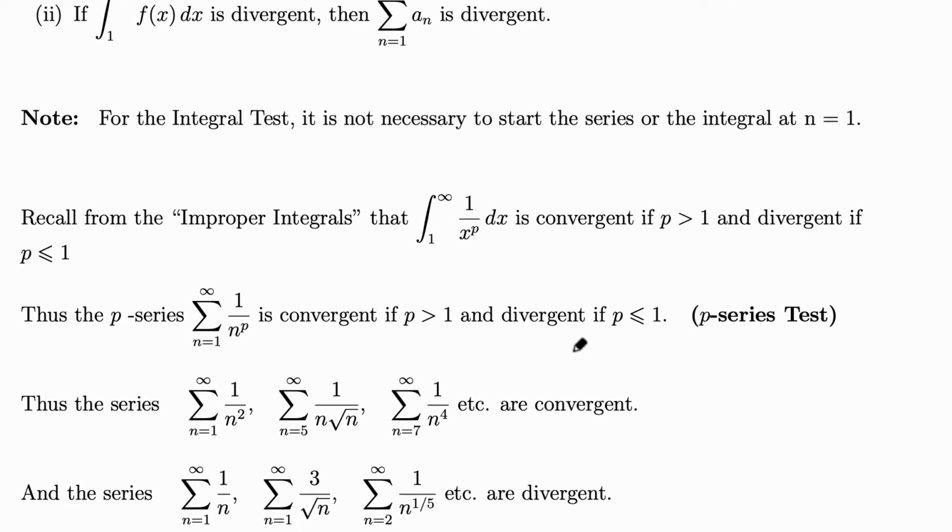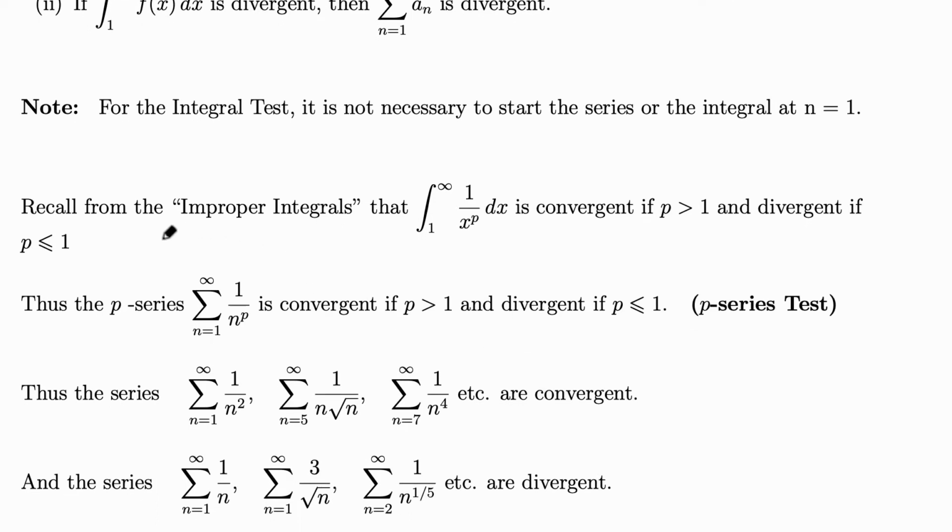So let's recall from the improper integrals section. We saw that this improper integral from 1 through infinity of 1 over x^p is convergent, meaning we get a finite number for this definite integral, if p is bigger than 1.